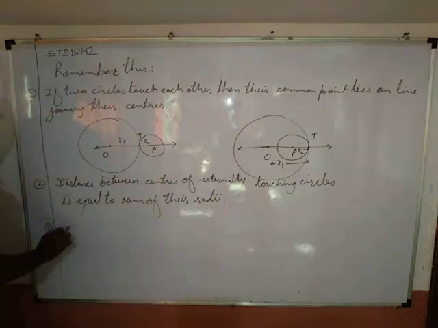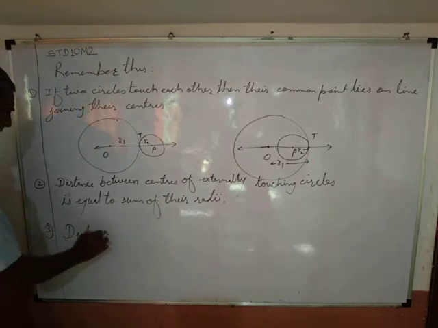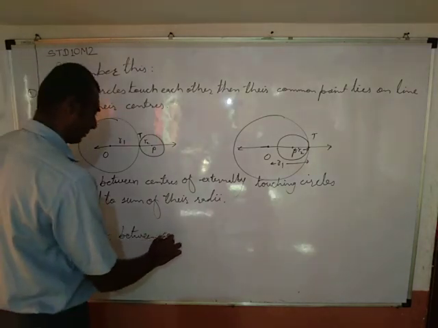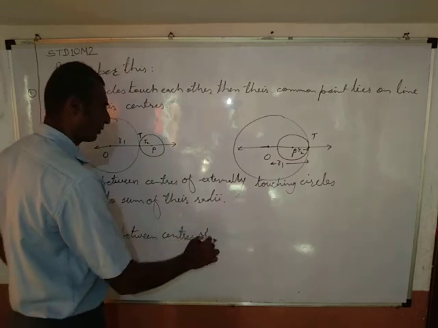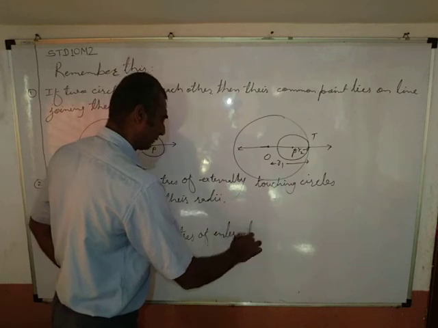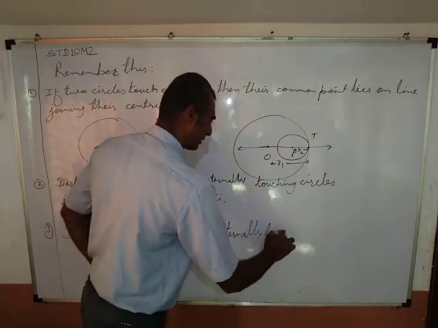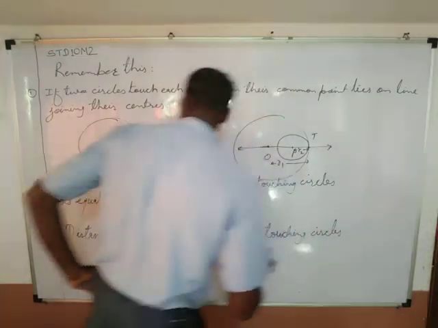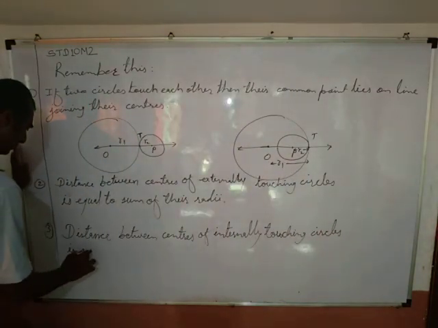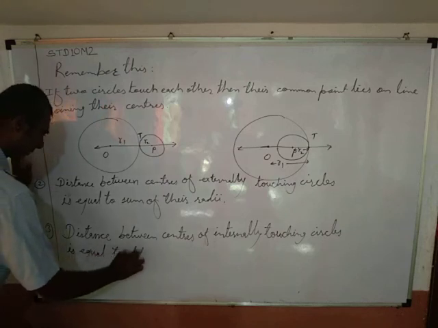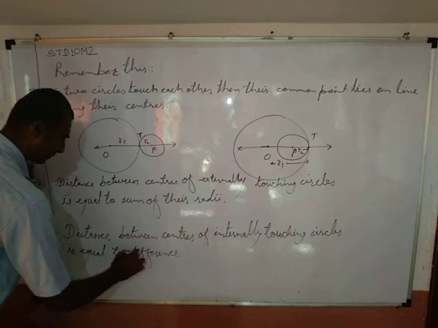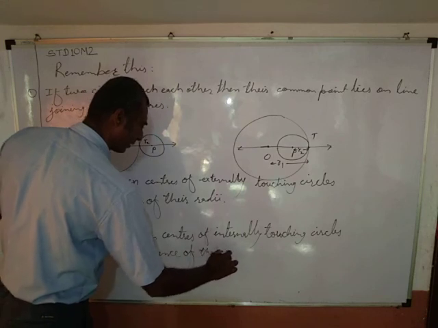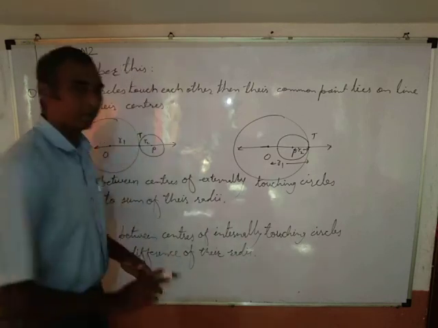And number 3: the distance between centers of internally touching circles is equal to the difference of their radii. Okay, thank you.